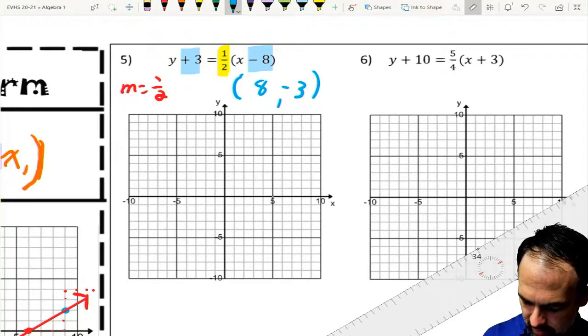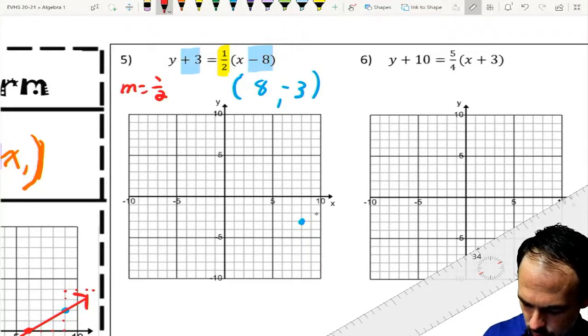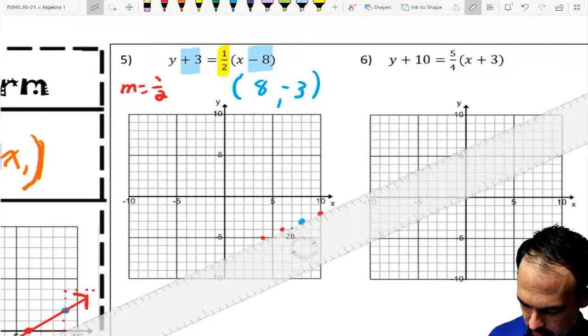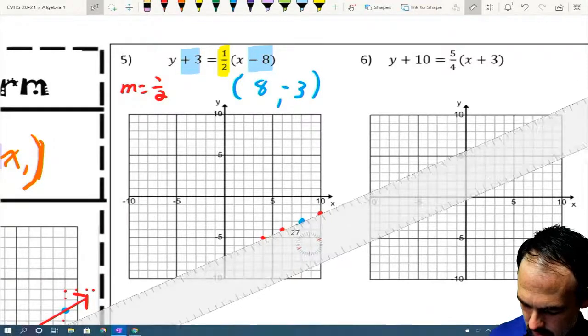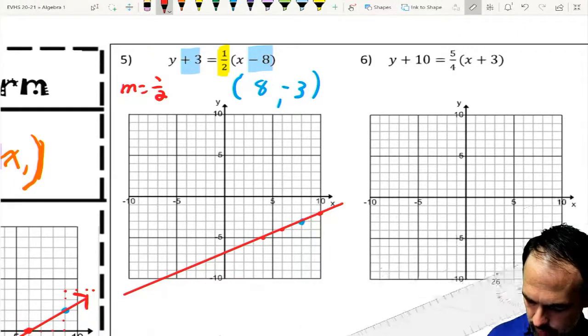So we're going to jump over here to 5, 6, 7, 8. -3 is 1, 2, 3. And then our slope of 1/2, rise 1, run 2. We were able to get that point. Now we're going to rise 1, run 2, rise 1, run 2, following the same path. And there we go.